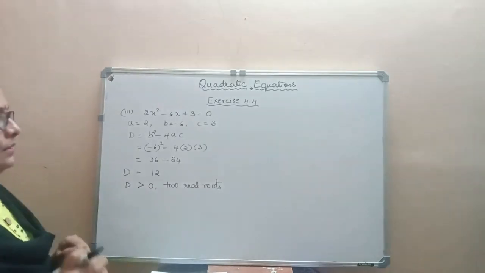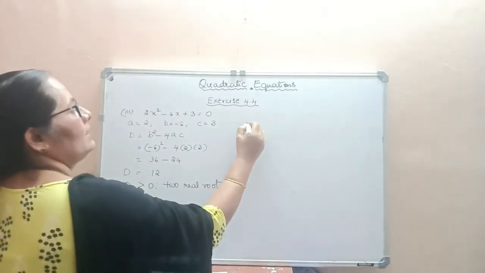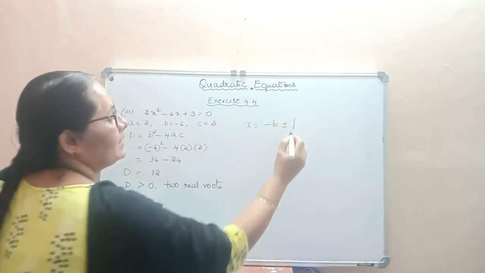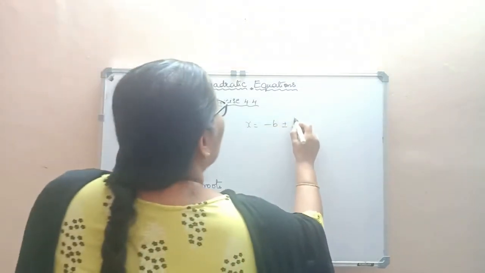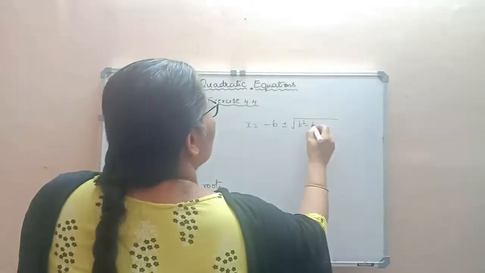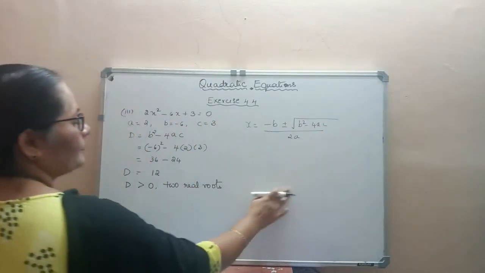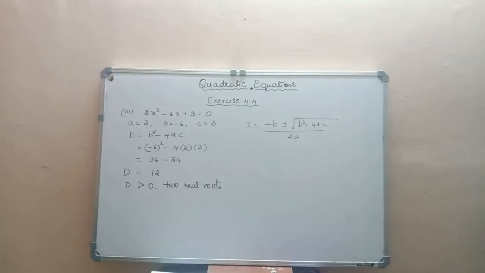Let us find these roots. Again I will use the quadratic formula: minus b plus or minus root b square minus 4ac, by 2a. Now using this quadratic formula you can find the roots of the equation.